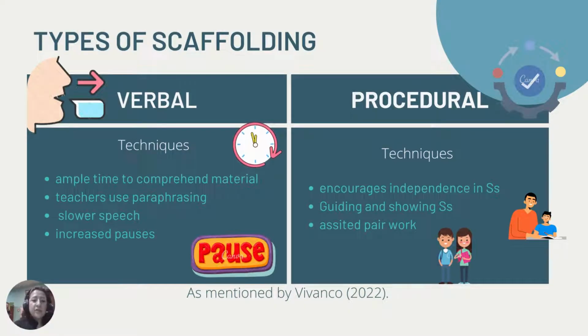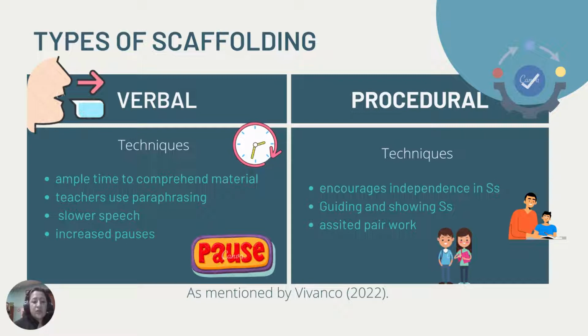Now, concerning the types of scaffolding, we can say that there are two main types. The verbal one, with the following techniques: the teacher will obviously give students more time to understand the material presented.